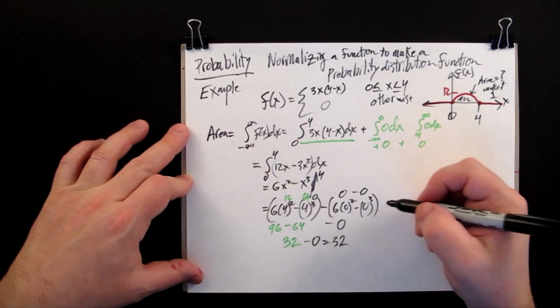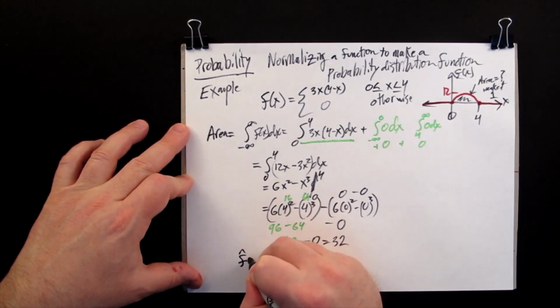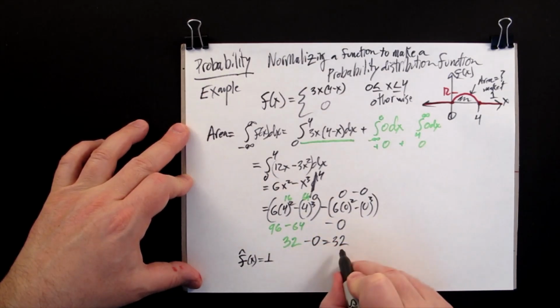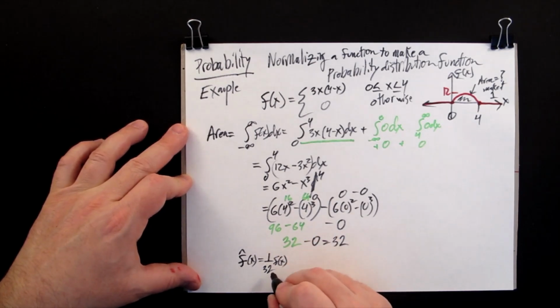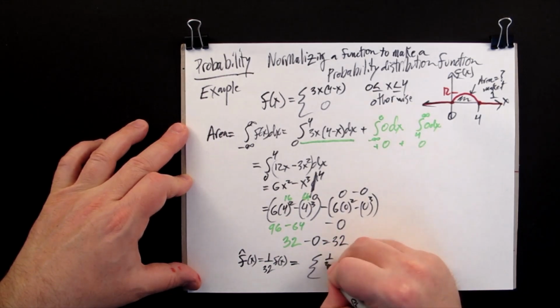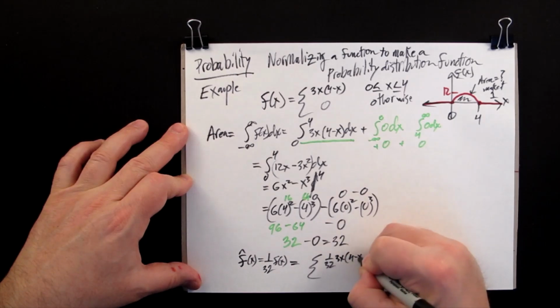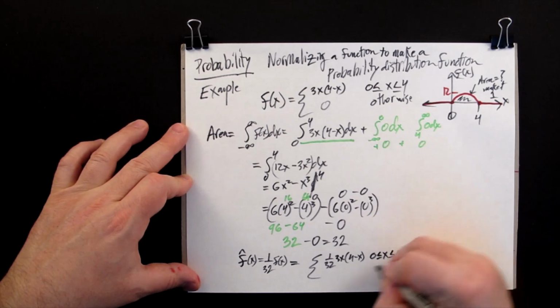All right, so to make a probability distribution function, what we do is we divide by the area computed and then multiply by the original function. So this will give us a probability distribution function, f hat. The formula for this is going to be 1/32 times 3x times 4 minus x, again on values of x between 0 to 4 and 0 otherwise.